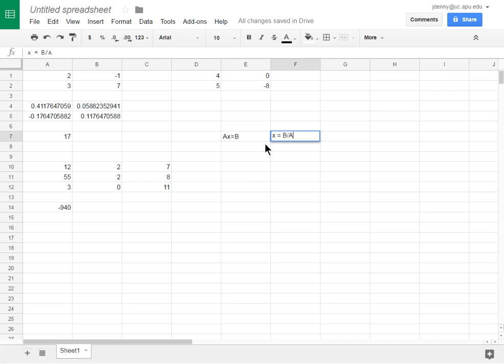Instead, what we're going to do is do the inverse function of A. The inverse matrix of A, I'm going to denote by doing A with a little apostrophe. And so anytime you want to move the A to the other side of the equation, you have to do the opposite of what it's currently doing. So in this case, before A times X, the opposite of multiplying is dividing.